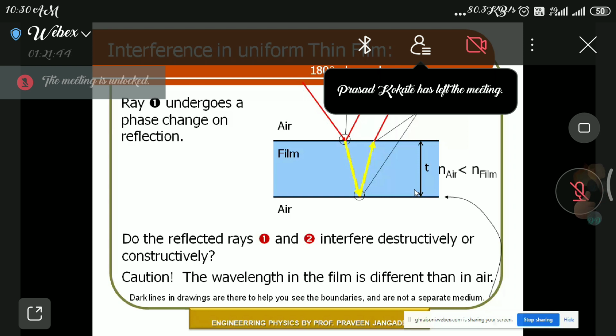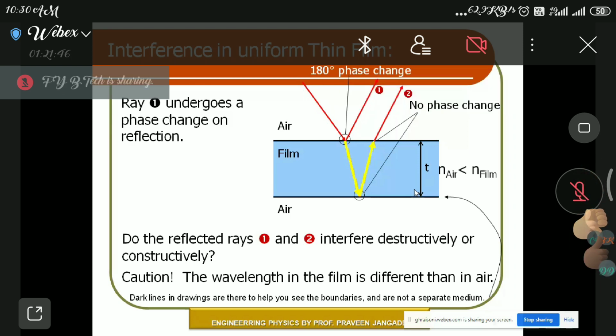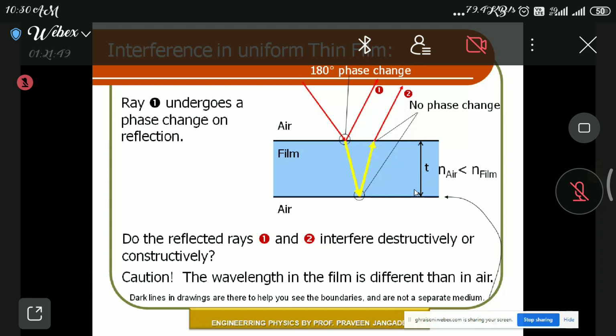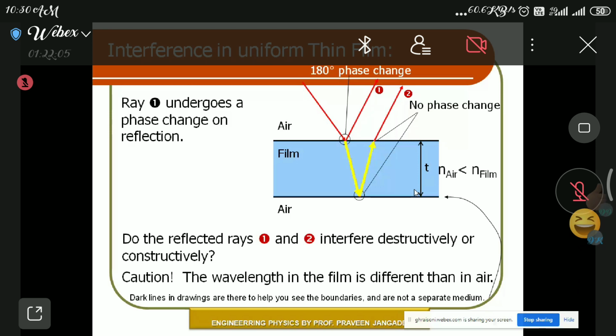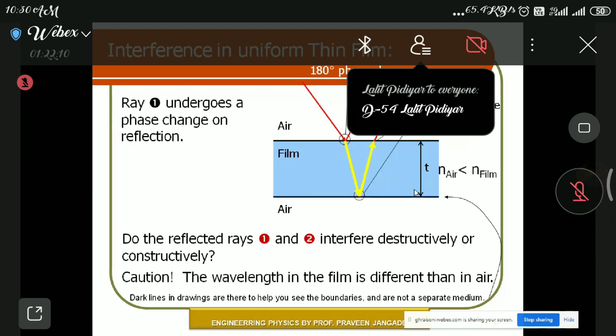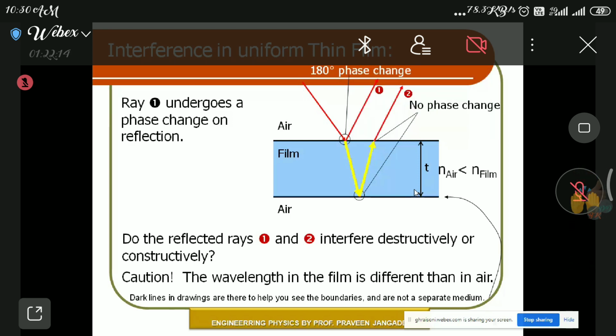The conclusion is that here we are discussing interference in a uniform thin film. In a uniform thin film, we consider a film of thickness t, and on this film we make incident a light beam in the form of a broad source of monochromatic light. Once it is incident on the surface of the film, there is partial reflection and partial refraction.